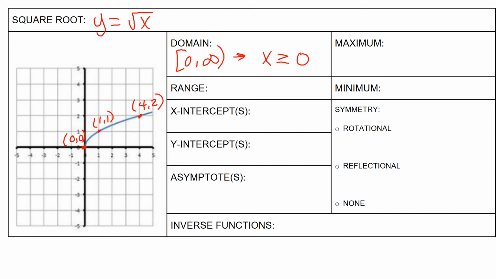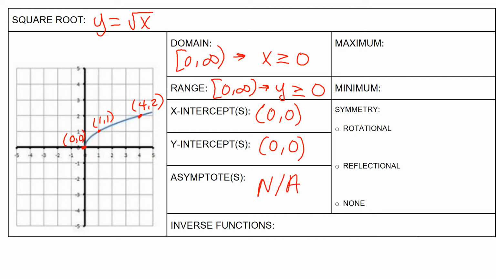My range also has that same starting point. So therefore my range is written the same. 0 to infinity, but instead of x, it's y is greater than or equal to 0. My x-intercept is at 0, 0, so my y-intercept is also at 0, 0. There is no imaginary boundary line affecting my life.